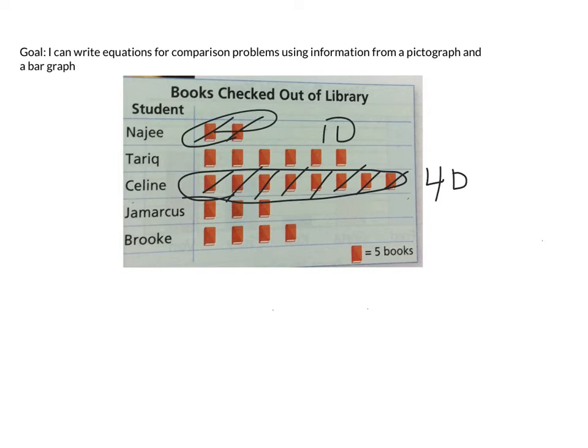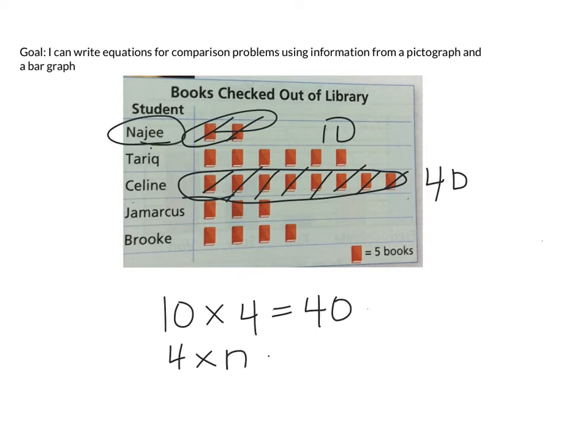Well, we know that 10 times 4 is equal to 40, but it asked us to use the first letters of their names to write an equation. So the multiplication equation that we would write would be 4 times 10, or N for Nahi, is equal to how many books Celine checked out, which was 40.